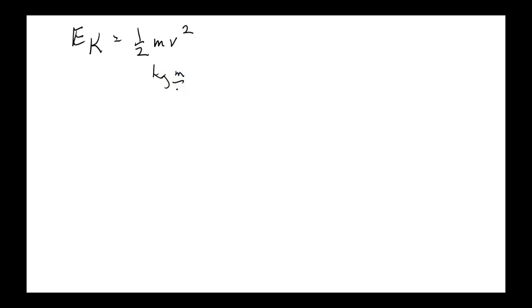Distance per time. But you're squaring that. So you're squaring not just a number, you're squaring the units as well. So what does this give you? Kilogram meter squared per second squared. Guess what that is? A Newton meter, or what's another name for that? A joule, exactly. Same units as work, same units as potential energy. All energy units and work have the same unit.